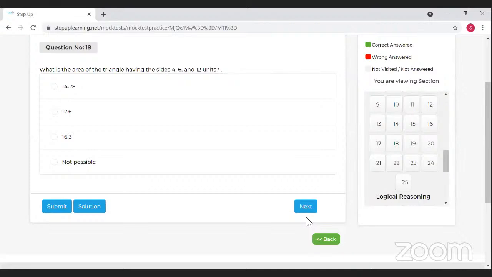What is the area of the triangle having the sides 4 plus 6, 10. So again, this is impossible because the sum of two sides has to be greater than the third side. That's the basic property of triangles. So that's why it is not possible. Okay. Let's move to the next one.